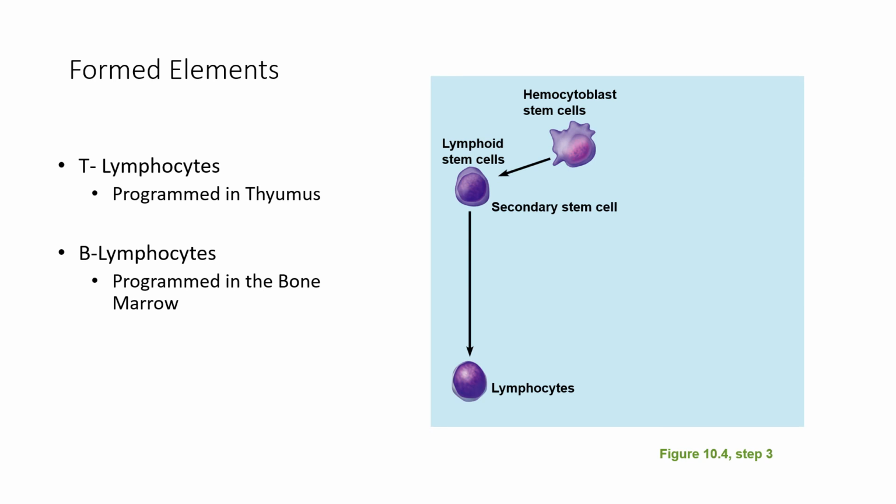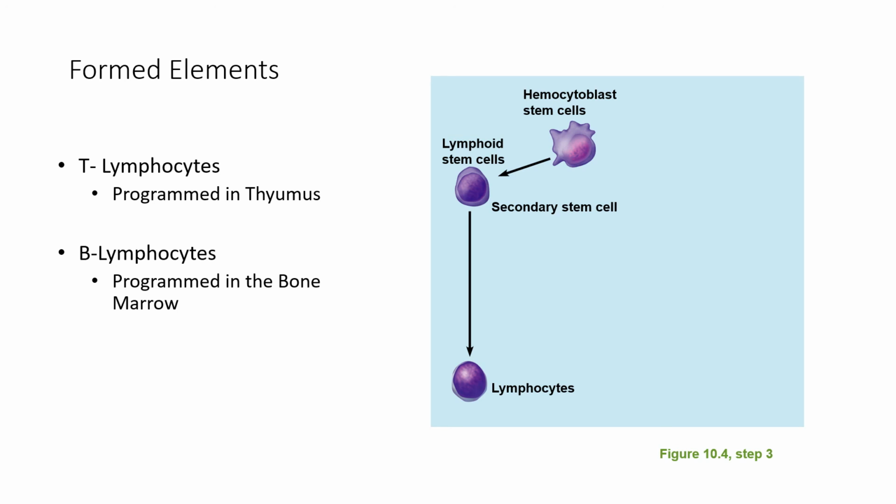Something to remember with lymphocytes is that I said that they were programmed, or they deal with the body's immune system response. We have two types of lymphocytes, T lymphocytes and B lymphocytes. Lymphocytes are going to come from lymphoid stem cells and then become T lymphocytes when you are a baby in the thymus, which is a gland that is right around the sternum.